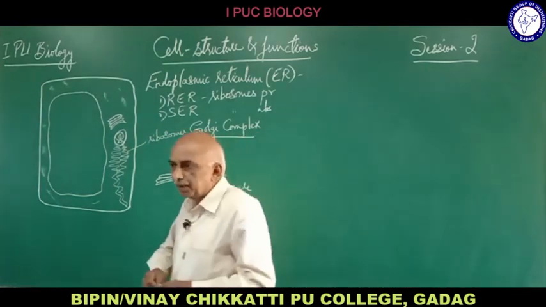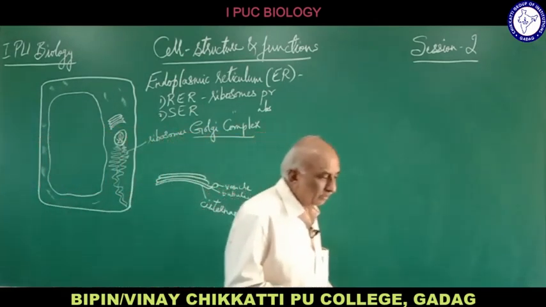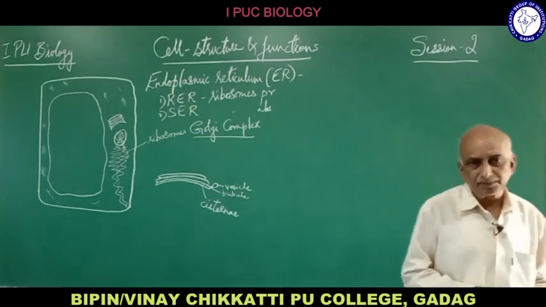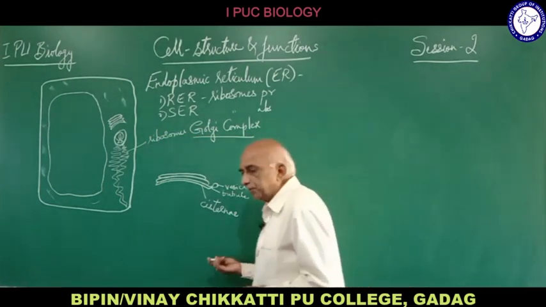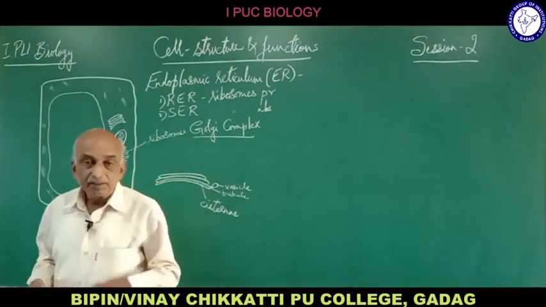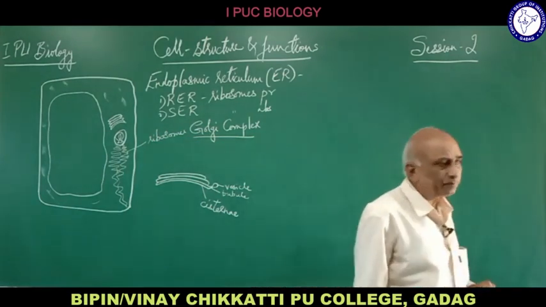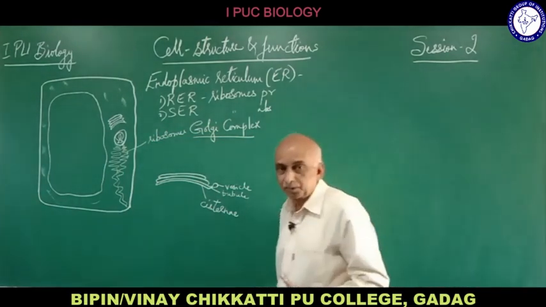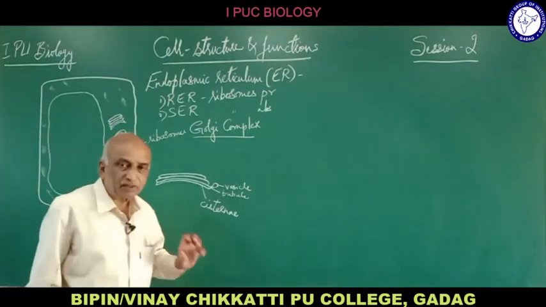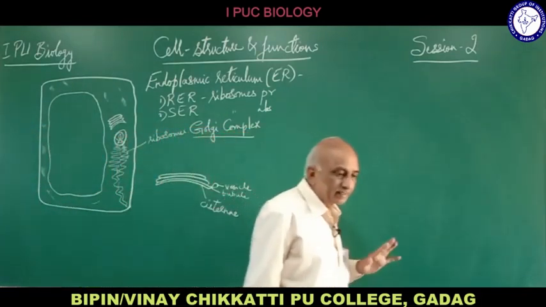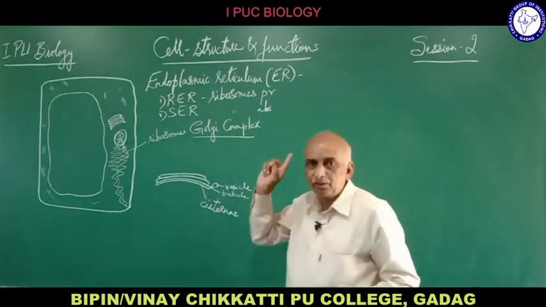Also the Golgi complex has another important function, especially in higher organisms and in animals. For example, in human beings, the male gamete or sperm has a structure called the acrosome, which is a cap-like structure. That acrosome is actually produced by the Golgi complex.